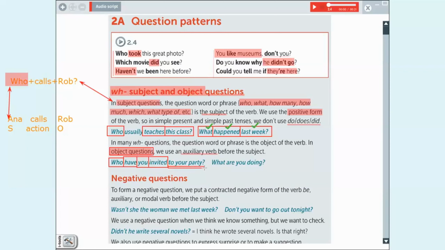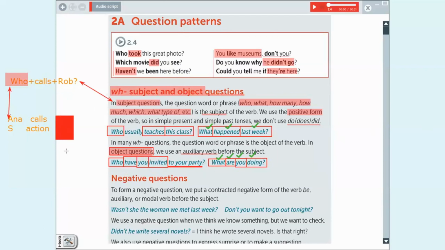The rest is complementary information. So most of the time, you will have WH, auxiliary, subject, and the verb. Like, who have you invited to your party? What are you doing?